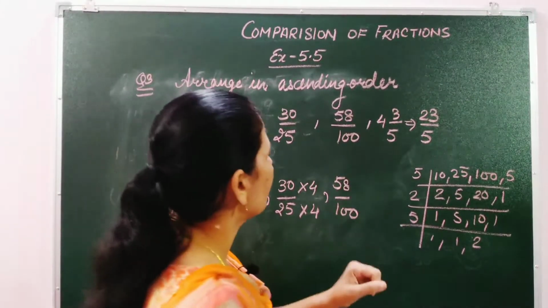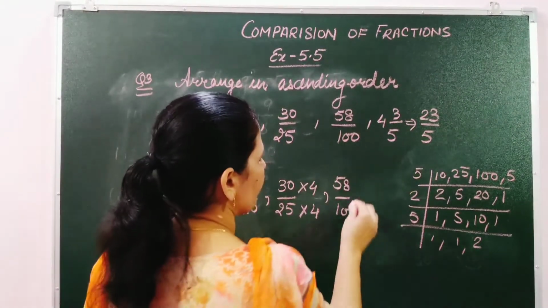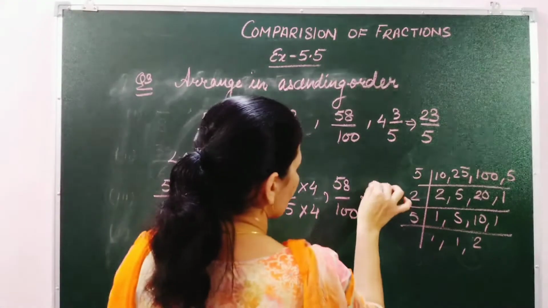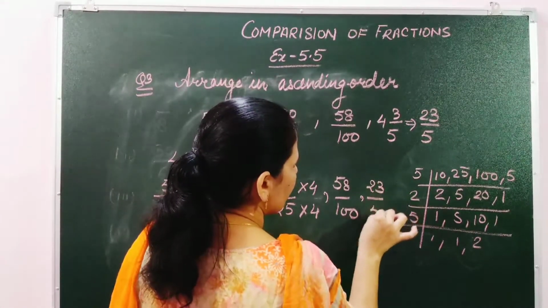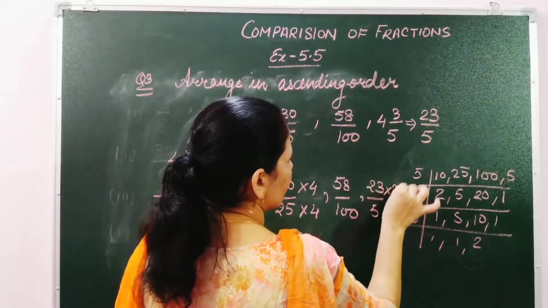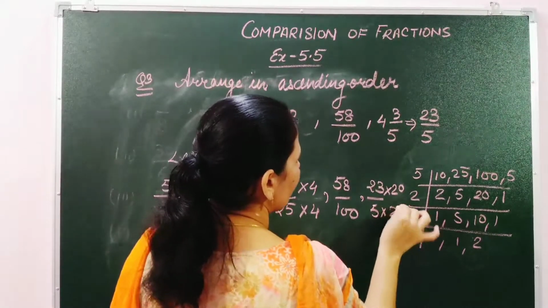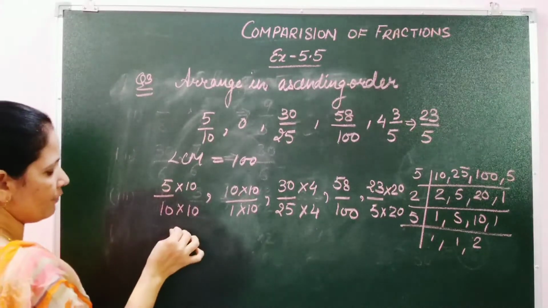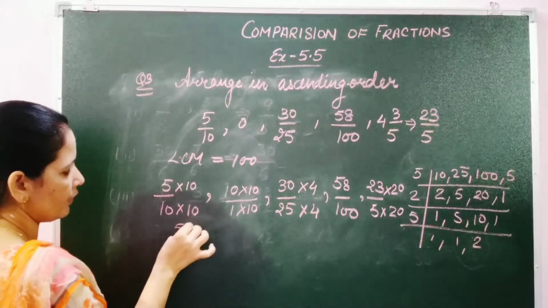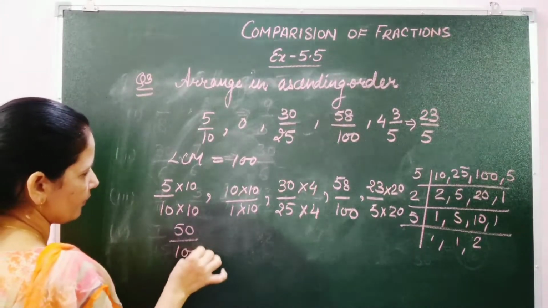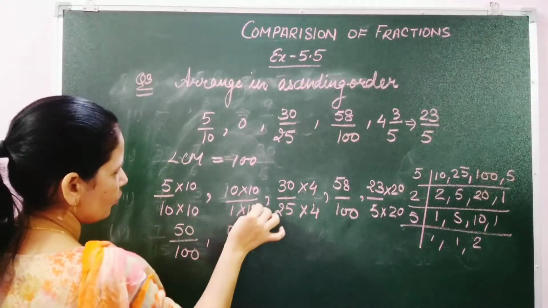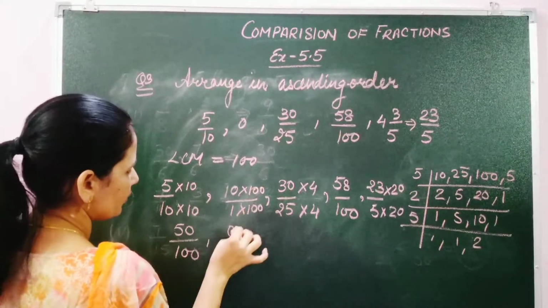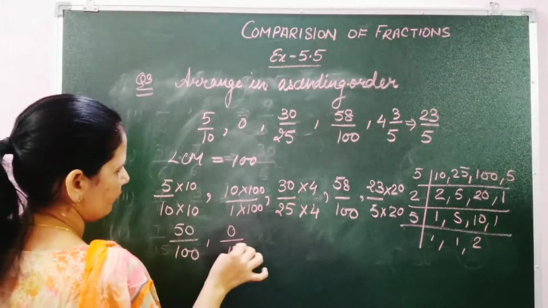Okay students. Now after that, 23 by 5: if 100 is divided by 5, then we get 20. So 23 by 5 is multiplied by 20. Now students, 5 10s are 50, so 50 by 100. 0 multiplied by 100 is 0, so 0 by 100.